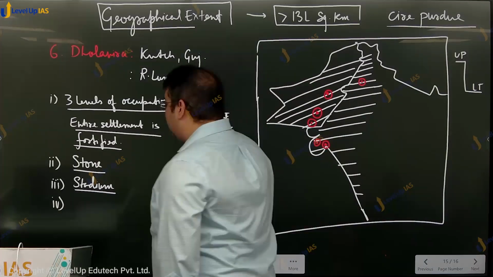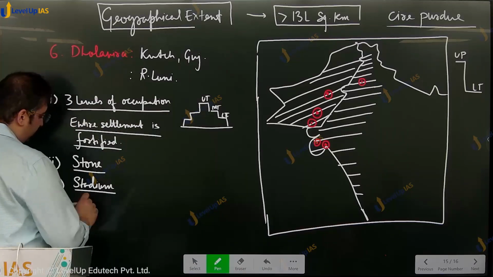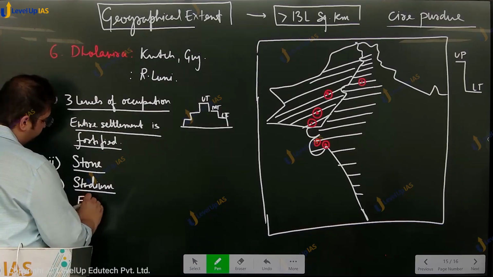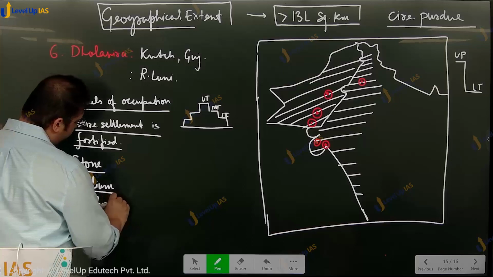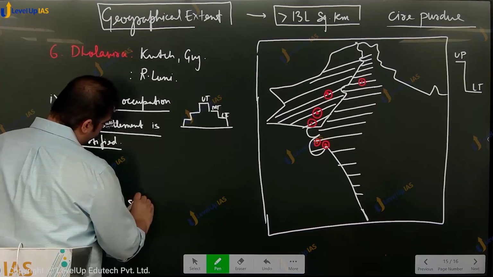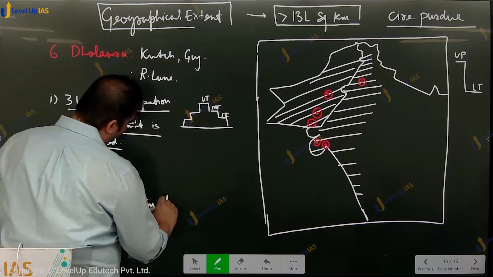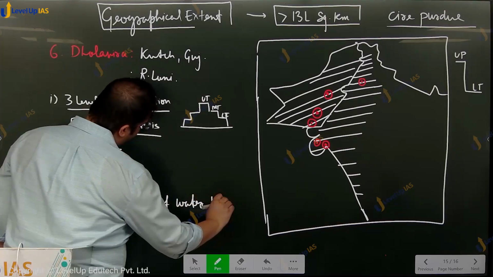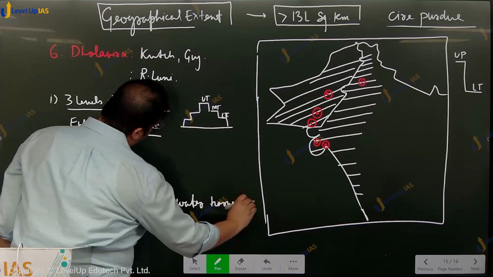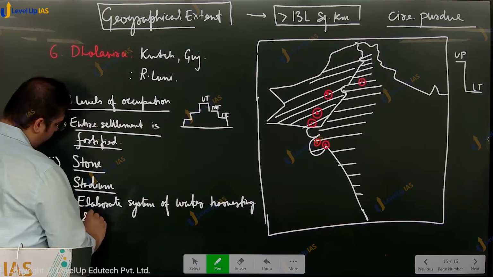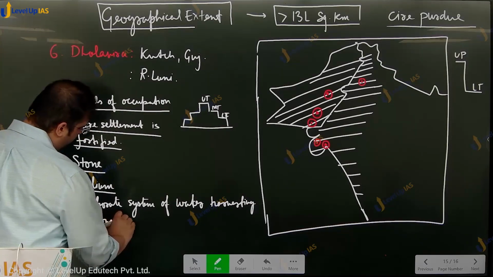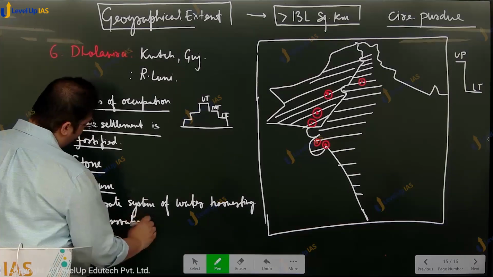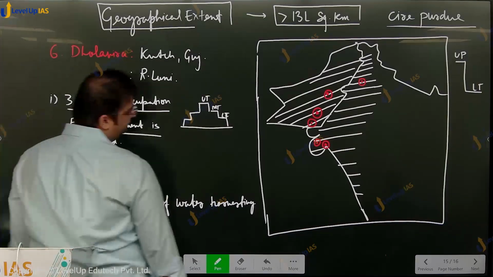Now, at Dholavira, therefore, you will find an elaborate system of water harvesting and conservation. क्या देखने के लिए मिलता है?